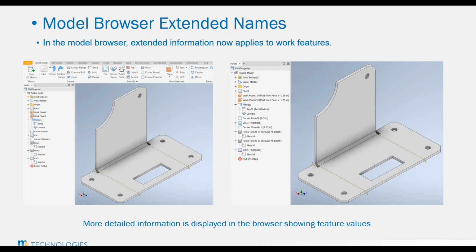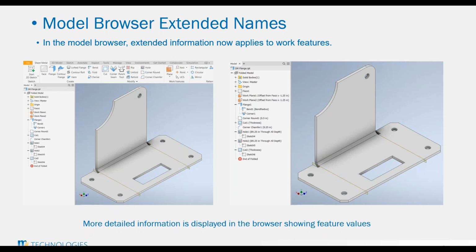What's going to be explained here is the extended name and the browsers. The browser nodes, the part modeling, the assembly modeling. What the nodes are, you can kind of see on the left side is one that's not showing the nodes, and on the right side it is showing the nodes.